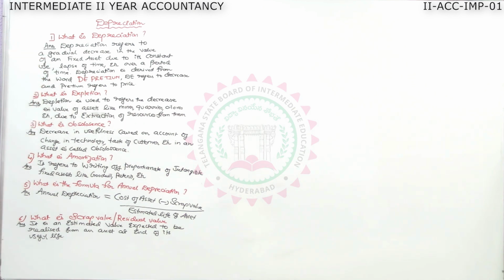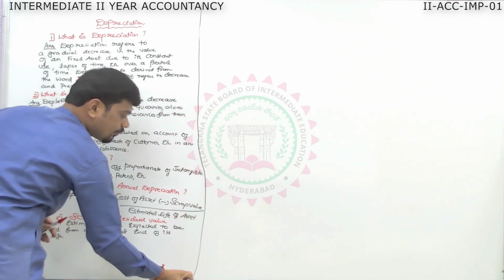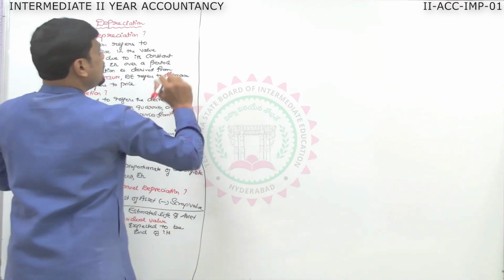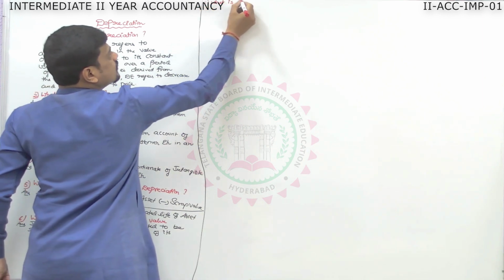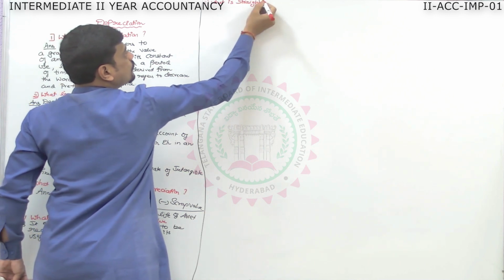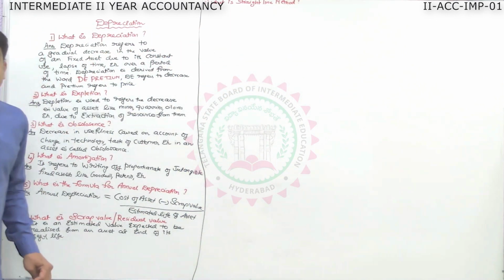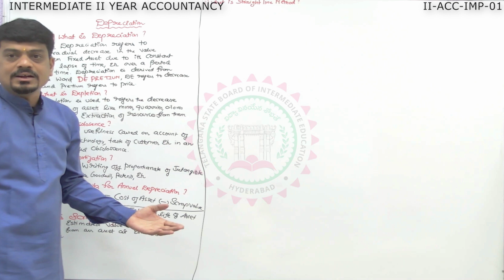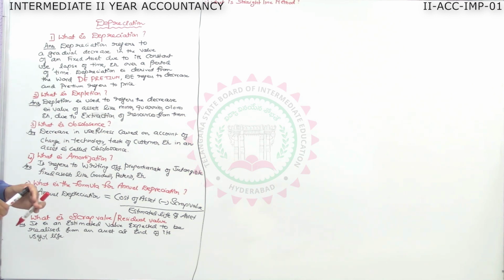Like this, here we saw six questions. Another two important questions from this chapter: the examiner can ask you what is straight line method, or fixed installment method, or original cost method. For all three methods, the answer is the same.